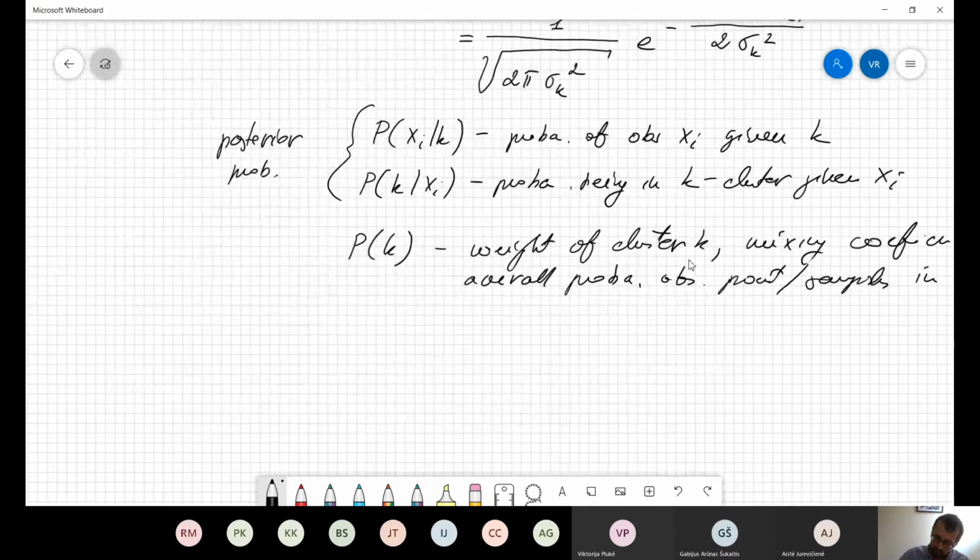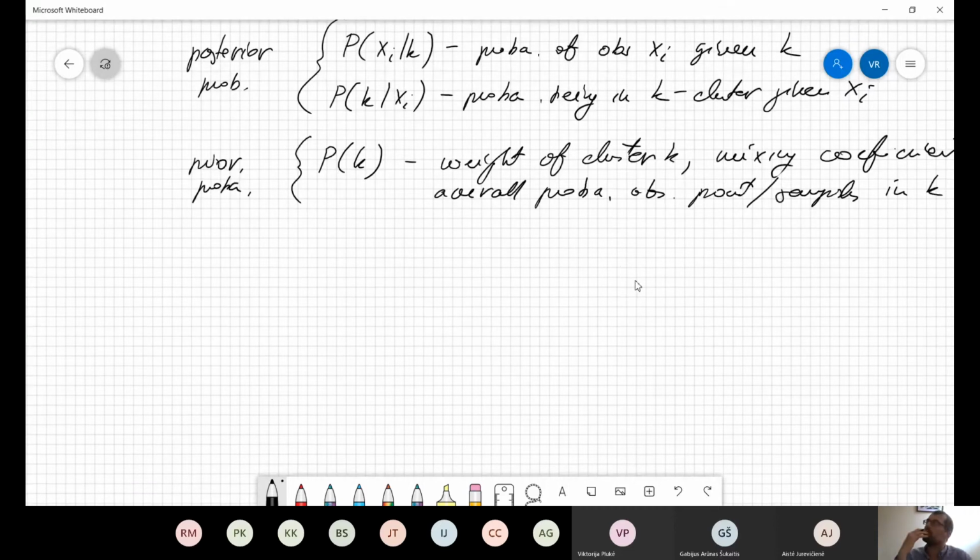And these are so-called prior probabilities. And there is a rule that since we have a mixture, the prior probabilities, the importance of clusters, actually sum up to 1.